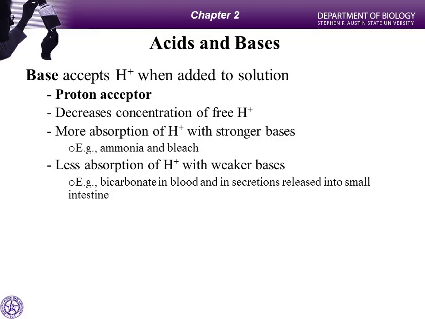We don't make those in our body, okay? Our body doesn't make that kind of stuff. But that's a proton acceptor. Bicarbonate's the one that we're going to play with later in the semester, especially when we get to the circulatory system or digestive system. But it is in fact a base because it accepts a hydrogen ion.